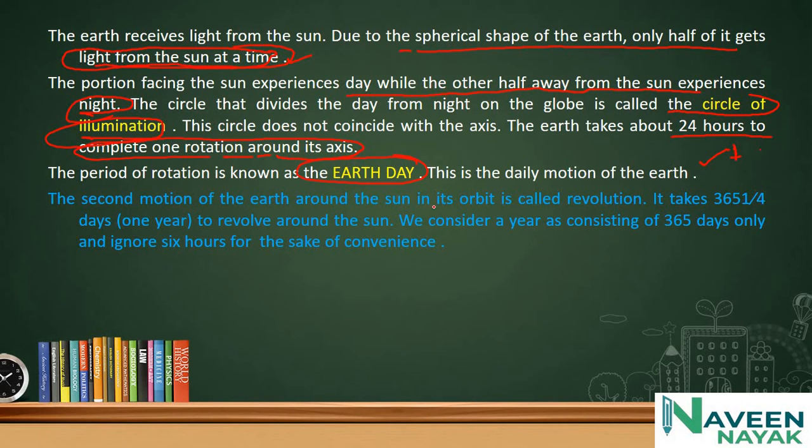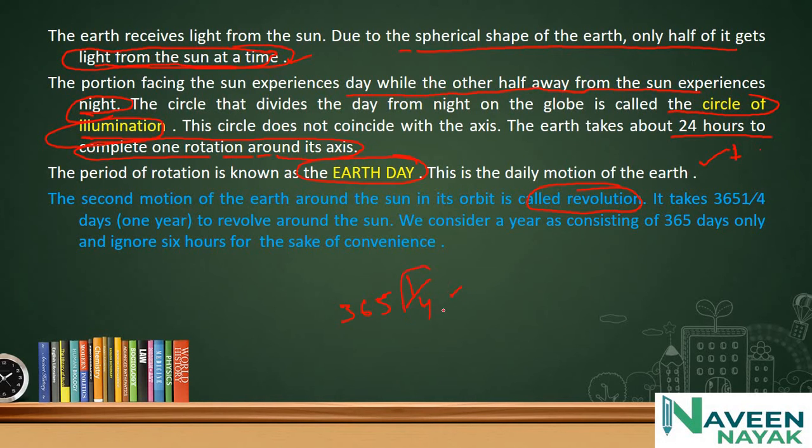The second motion of the earth is around the sun in its orbit, called revolution. The second movement is revolution; the first movement is rotation. It takes 365 days and a quarter to revolve around the sun.